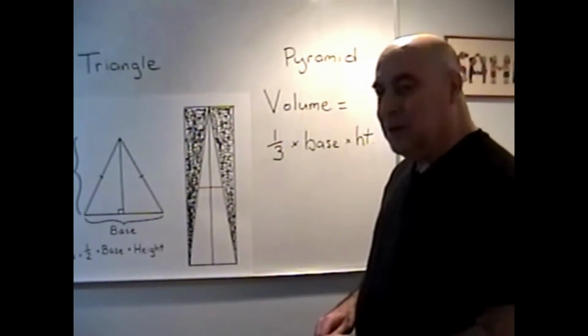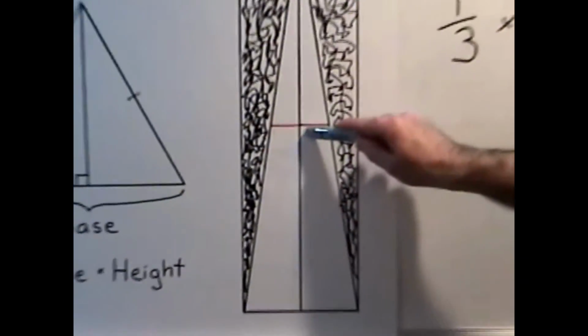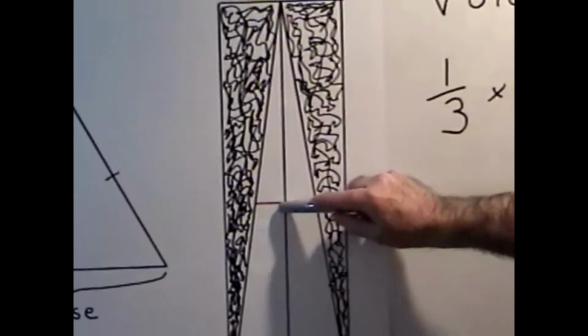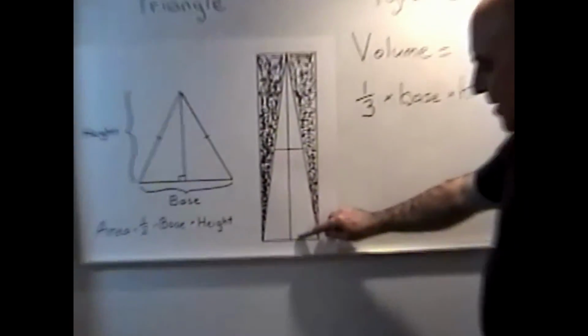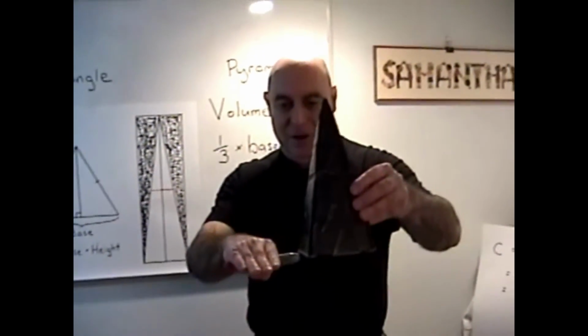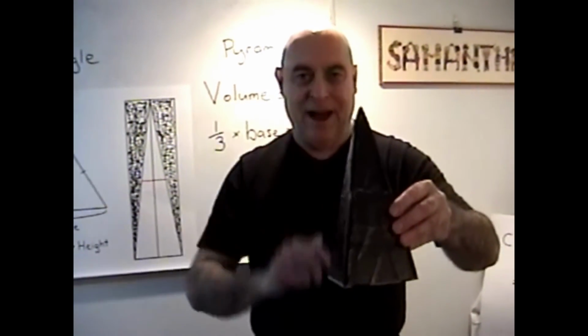Now here's one thing you'll notice about a triangle. When you go halfway up from the bottom to the top, the base halfway up is exactly half what it was at the bottom. But when you take a pyramid and you go halfway up from the very bottom to the very top, something different's going on. Here is what's happening.